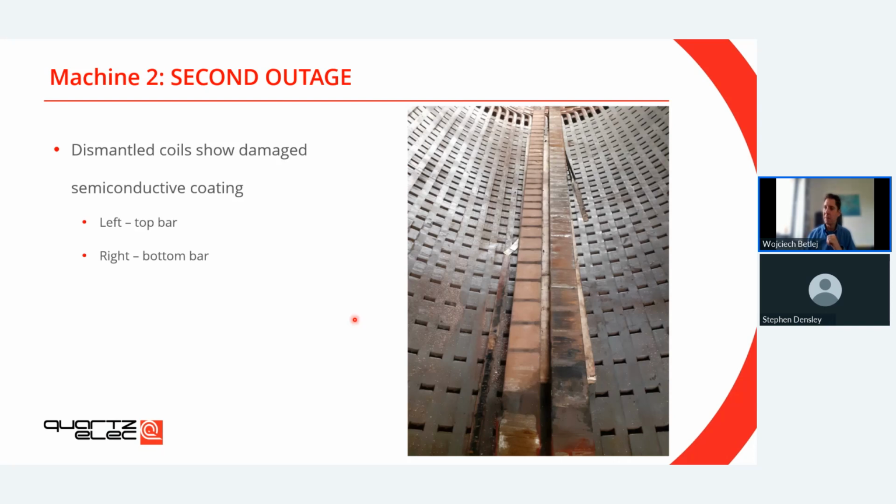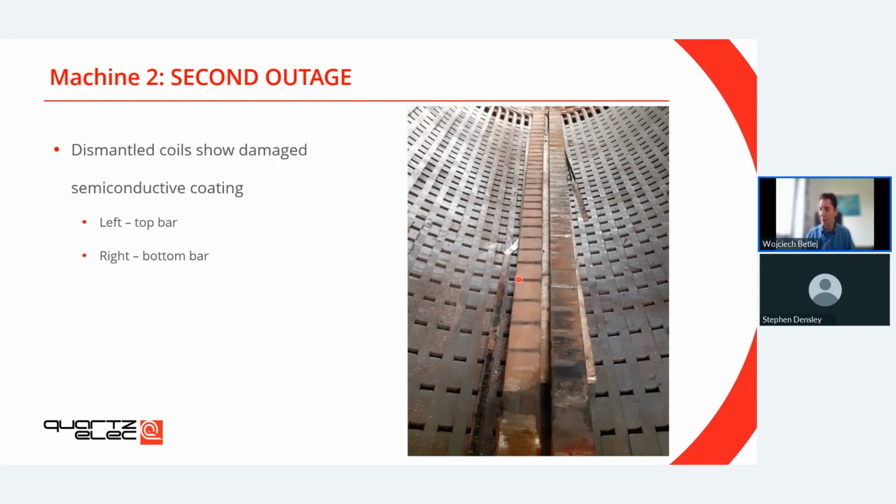What you see here is extreme, severe damage of the stator bar surface. Let me just remind you, the stator bar surface should be black, the color like this, and yet you see that rusty surface on the bar. And then the ladder effect. These dark lines, do you know what these are? I'm sure most of you do, but for those who don't, this is the location of the cooling slot on the core.